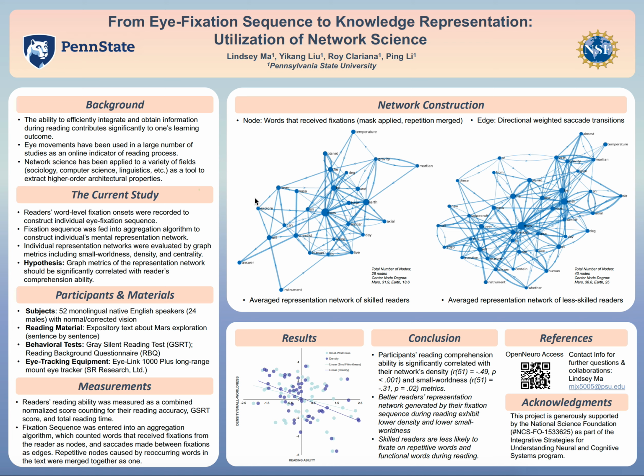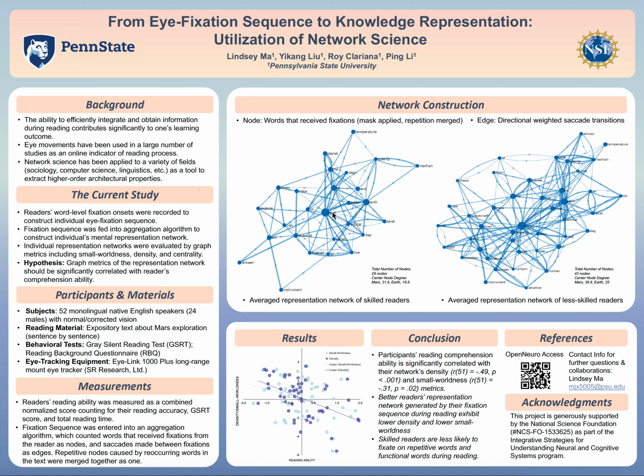In the skilled readers' network, the total number of nodes is just 28, while in the less skilled readers, the total number of nodes was 43, which means that the less skilled readers made a lot more overall fixations compared to the skilled readers, and the skilled readers actually skipped more words during their reading process.